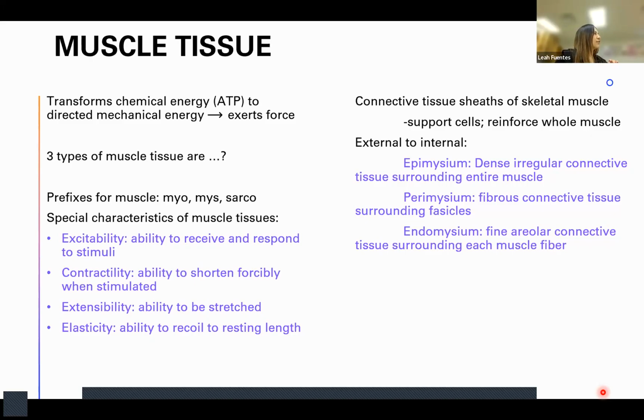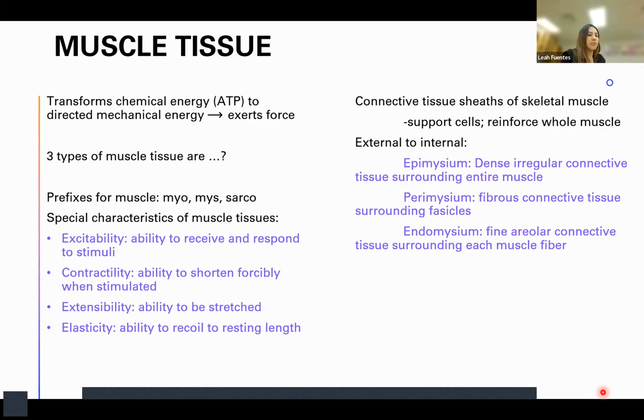Whenever you see the prefixes myo, mys, or sarco, those are prefixes regarding muscle. So anytime you see these 3 here, you know that it has to be dealing with muscle. And then some characteristics of muscle tissues that you are going to want to know, and know the definition. We have the 3 E's and a C. So excitability, this is the ability to receive and respond to stimuli.